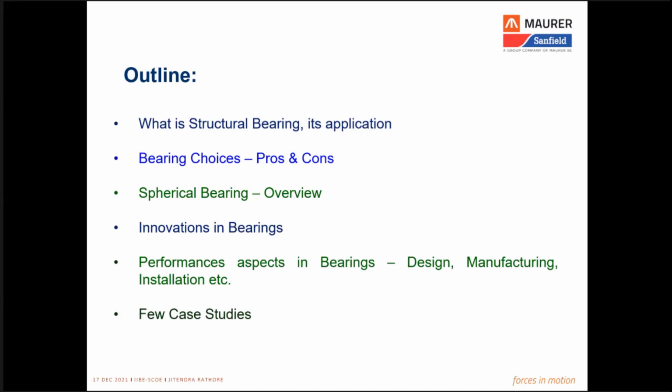We will be discussing in a little detail the state of the art technique or the bearing systems being used in our country and what are the further innovations and advancements there. And towards the end of the presentation, we will be touching briefly on the aspects related to performance like design, manufacturing and installation, and we will conclude the discussion with a few project references or case studies.